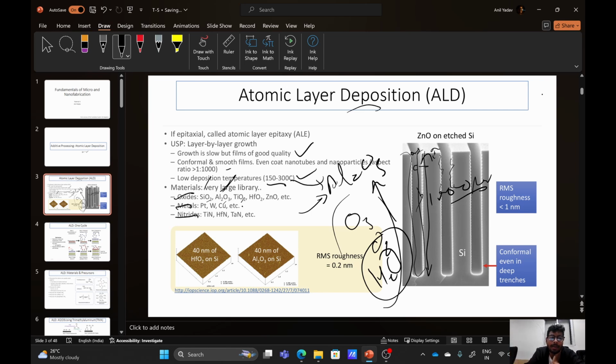Metals can be deposited, nitrides can be deposited. For nitrides, like titanium nitride, one precursor should contain titanium and another should provide nitrogen. Here what you cannot use is N2, because the two nitrogen atoms are connected with a triple bond.